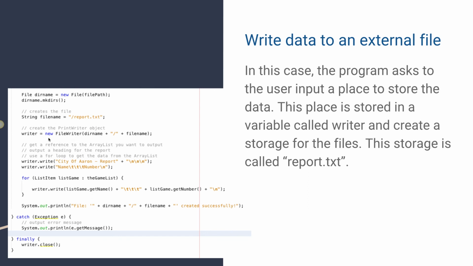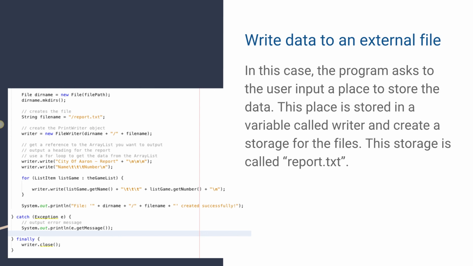The writer will be the variable that will store the name, and then the writer will create an error report inside that directory, and inside that directory we'll have a report.text, and all the information that comes from the program will be stored there.